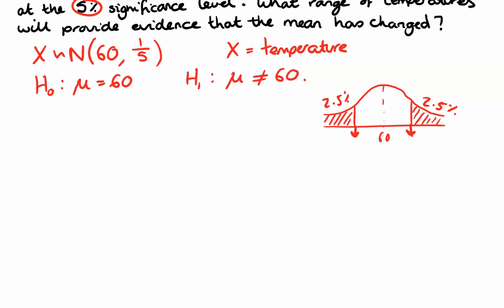Well, if we take the lower tail first, the probability that x is less than the first value has to be equal to 0.025. So we can use the inverse normal distribution. We know the area under that particular tail is 0.025, we know the mean is 60, we know the standard deviation or sigma is root 1 over 5.